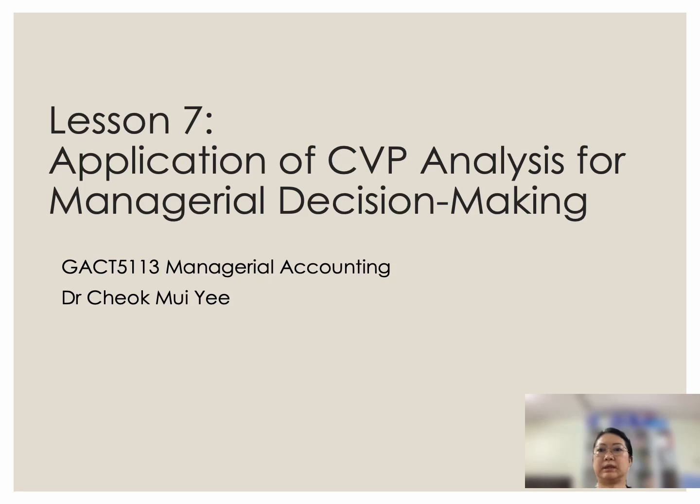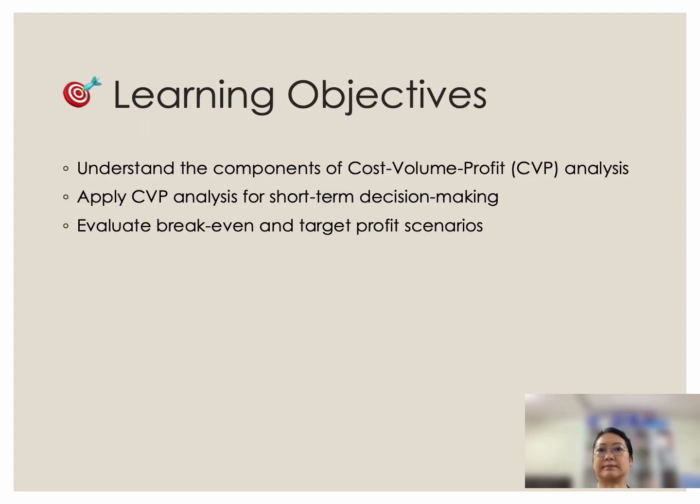Welcome back. In Lesson 7, we will explore the application of cost volume profit analysis for managerial decision making. CVP stands for cost volume profit analysis. It is an important tool for planning, pricing, and risk evaluations in any organization.